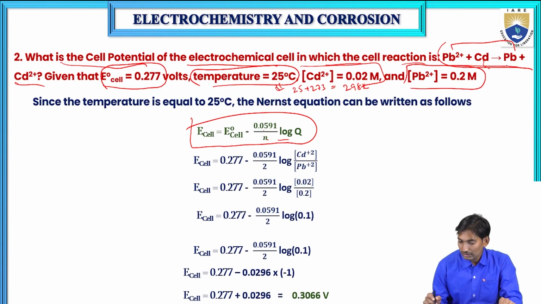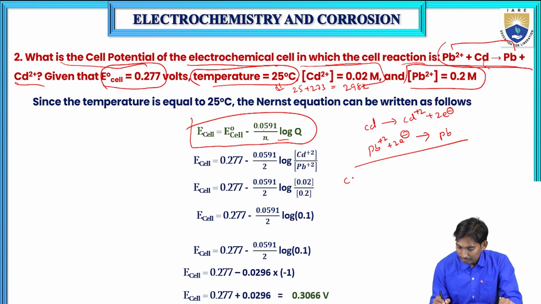Using this, cadmium undergoes oxidation and forms cadmium plus 2 and 2 electrons. At the same time, Pb plus 2 takes 2 electrons, undergoes reduction, and forms Pb. The complete cell reaction is cadmium plus Pb plus 2 gives cadmium plus 2 and Pb.